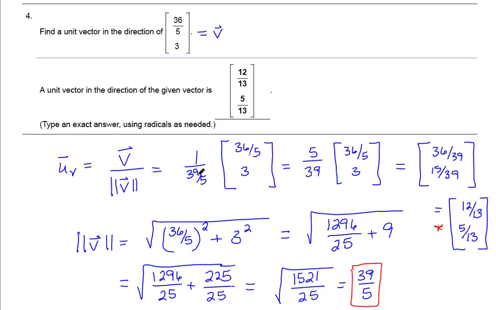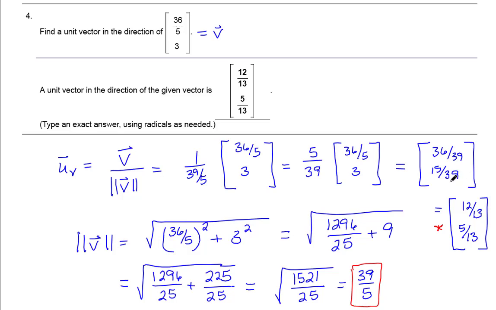So I've got 1 over that number, which means it's going to flip. And so now I have 5 over 39 multiplied by each of the pieces. For the top one, the 5's cancel. I get 36 over 39. And the second part, I've got 5 times 3 is 15 over 39.